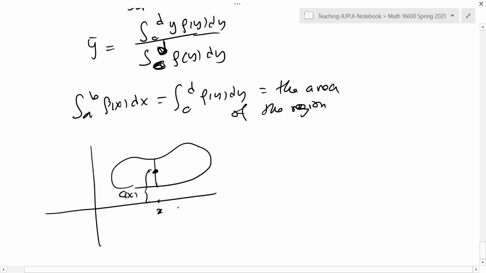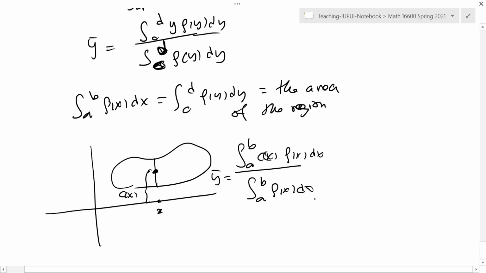Then use the density function to find the average value of the height. This integral always represents the average value of height. This is the height function of the center of this line segment.